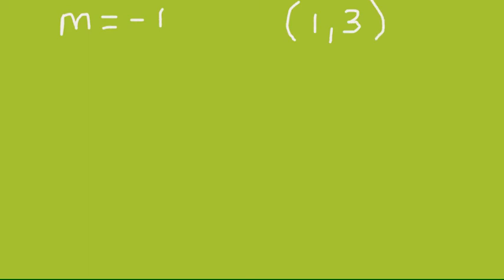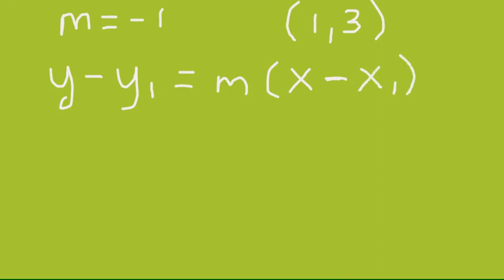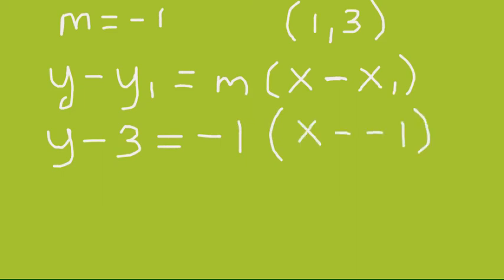And so to find the equation, we're going to use the point slope formula, y minus y1 equals m times x minus x1. I just reversed that so that I have my y's on the left side. And I'm going to plug in my point, x1, y1. So y minus y1, well, y1 is 3, that's the y coordinate, equals m, negative 1, times x minus 1, because x1 is 1.